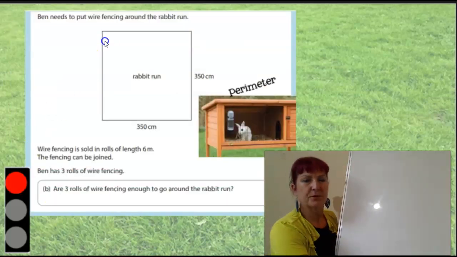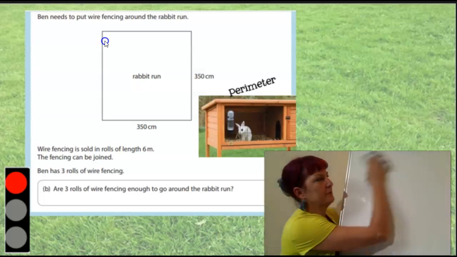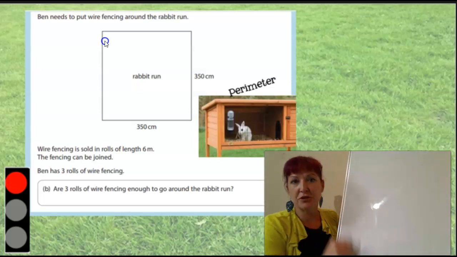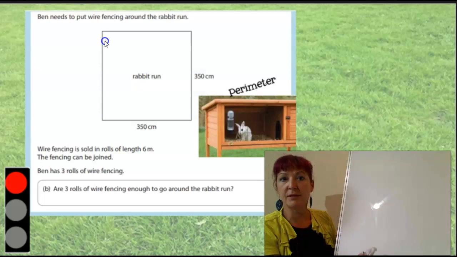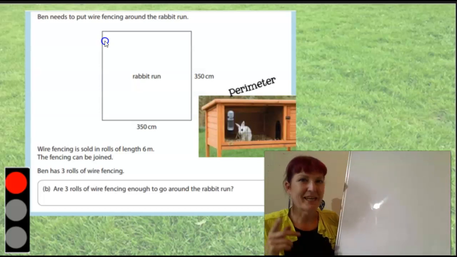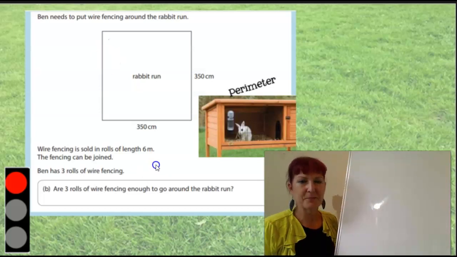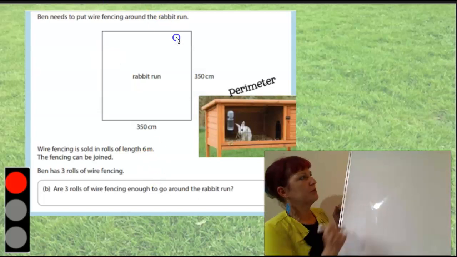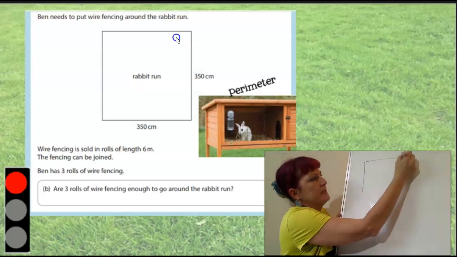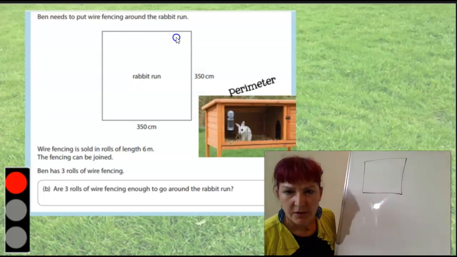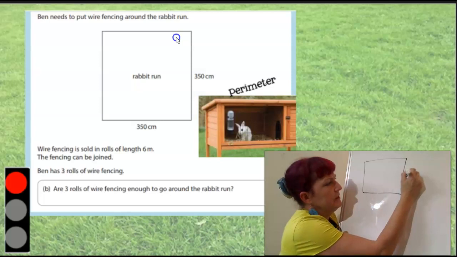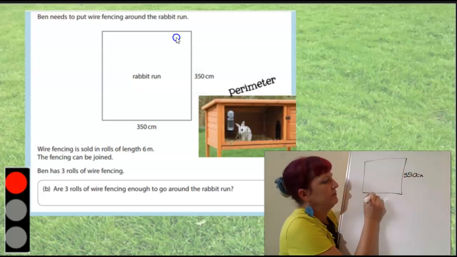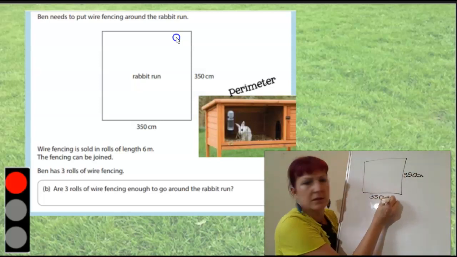Ben needs to put wire fencing around the rabbit run. How much do you bet they're going to be mixing centimetres and metres? They like to check our skills, don't they? Wire fencing around. As soon as you hear the word around, you know it's about perimeter. So I've got 350 centimetres.